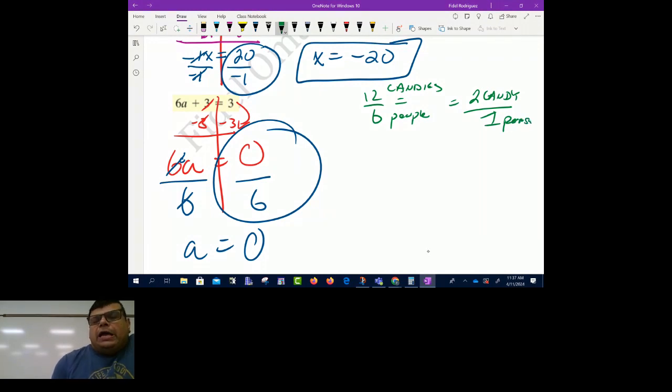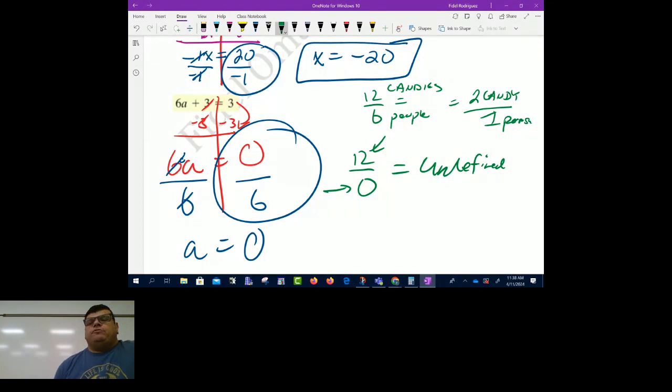Now, what happens when we try to divide by 0? Y'all, 12 candies, and there's nobody to give it to. I can't figure out how many candies each person's going to get because there's nobody there. That's why we said that was undefined, right?